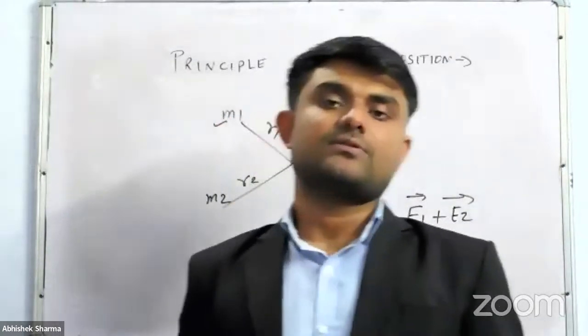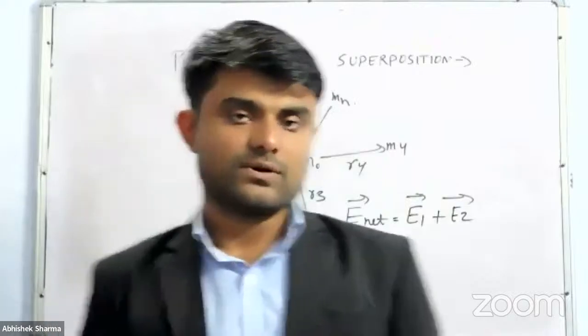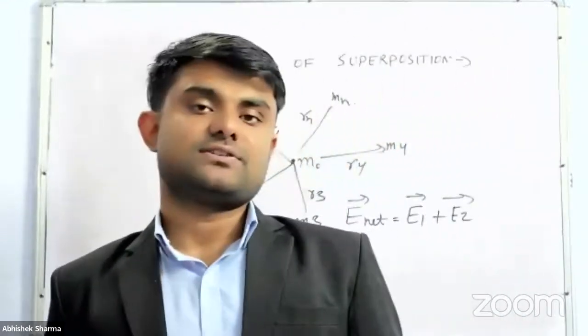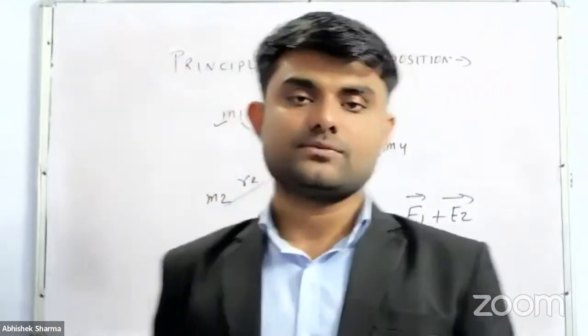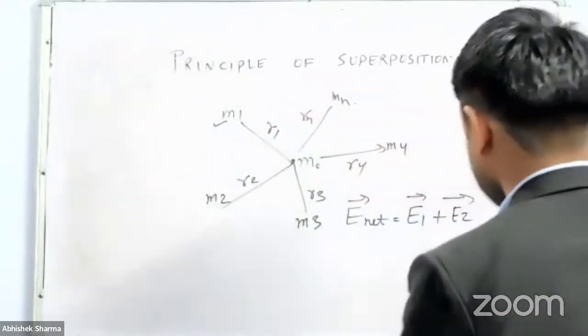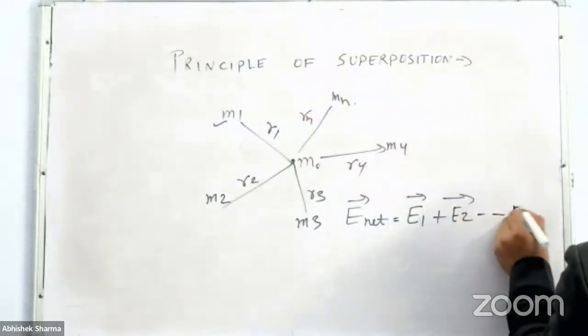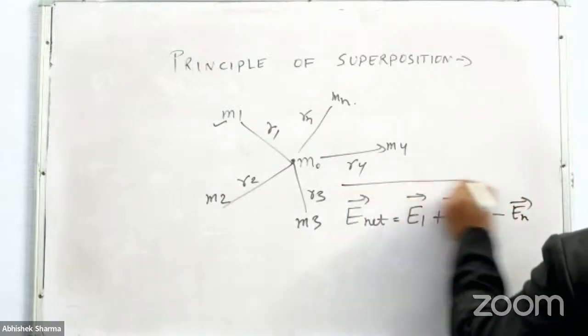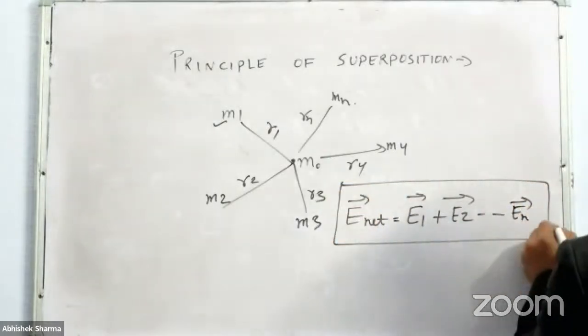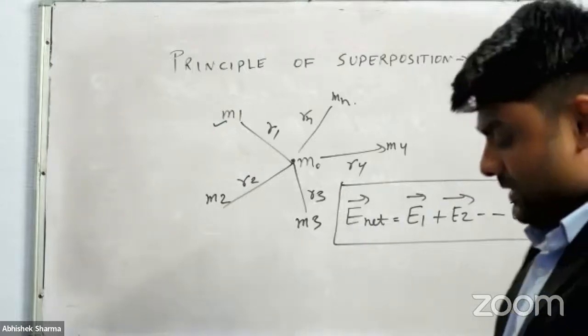Since universal gravitational force is a vector quantity, gravitational field intensity or strength is also a vector quantity. This is the net gravitational field strength. Please note it down.